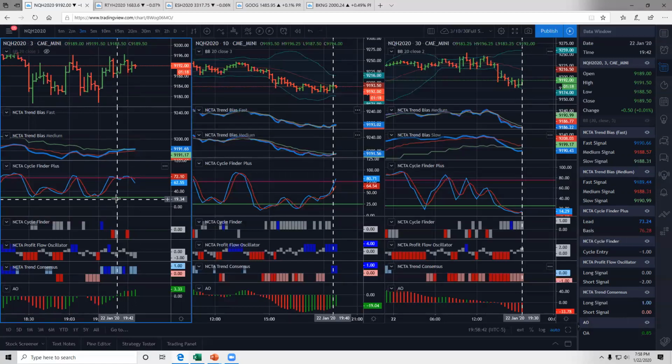But still, I think there's peace of mind knowing that I'm going to get out when it crosses back, or when it reverses. So it's either going to be 4, 3, sometimes 50, sometimes half a point. That's a very important point, Michael. When you're trading the Cycle Finder Plus as your primary indicator, here's an example right here. At 7:42 this evening, there's a signal to go short on the 3-minute.